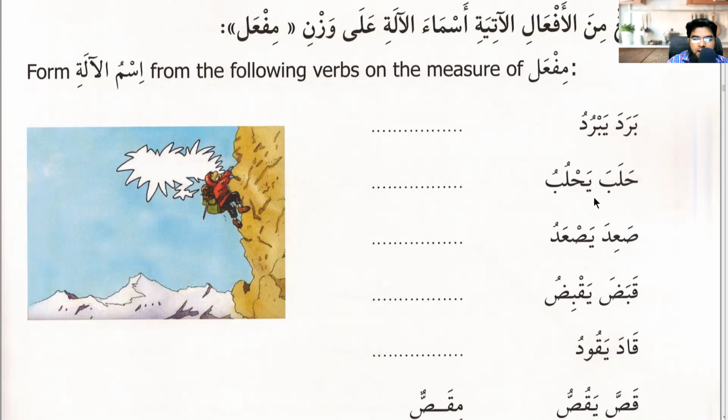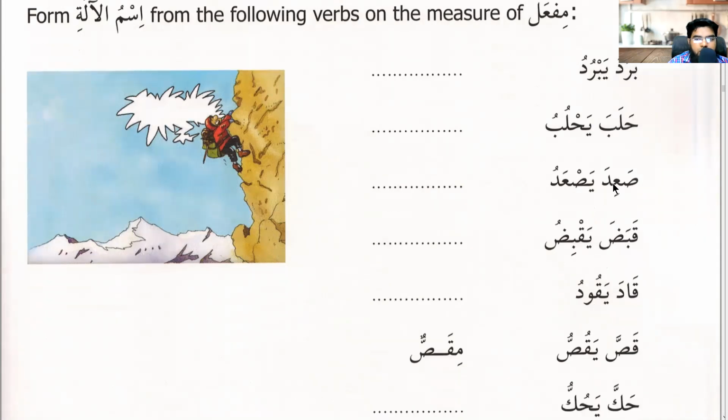Mibradun. Halaba yahlubu is to take the milk, to milk an animal. Halaba is halib, right? Milk, of course. So halaba yahlubu is to milk something. So the milking vessel through which you milk the animal, mihlabun, mihlab. And sa'ida yas'adu is to rise, climb.